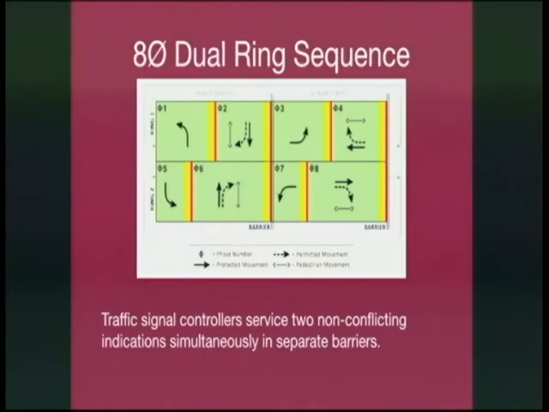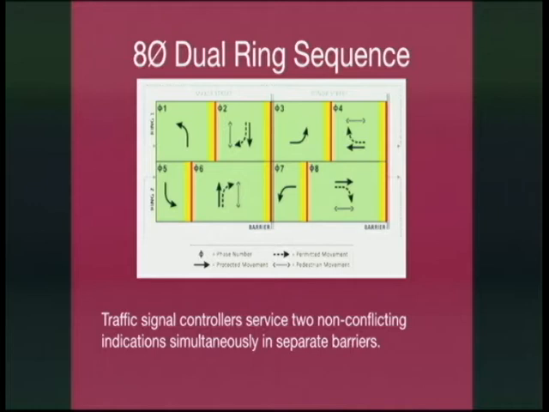But when you look at a traffic signal, you always have 2 signals on at the same time. If you go from left to right, typically on the major street, you have your arrows come on first, and then the green balls, and then you change the right-of-way and go to the cross street, and the arrows come on, and then the green balls.